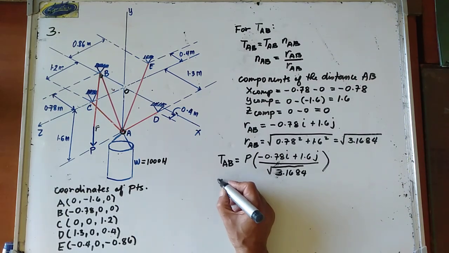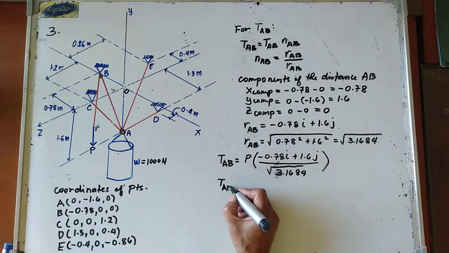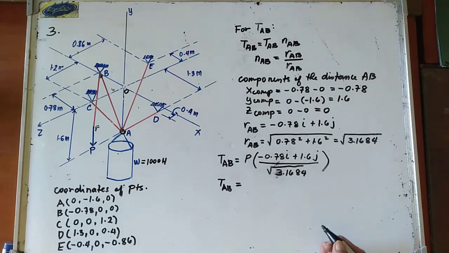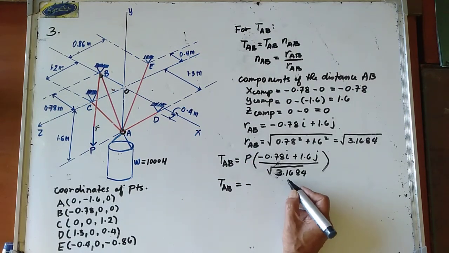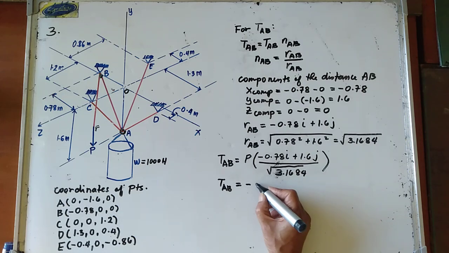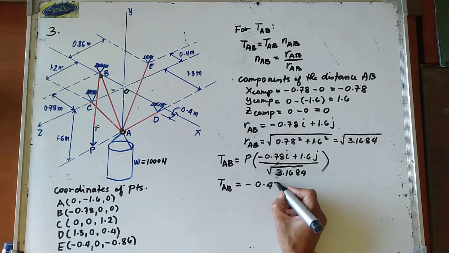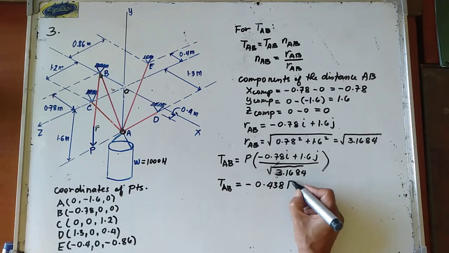So we have now your TAB in Cartesian form is now equal to 0.78 over the square root of 3.1684. So that is equal to 0.438P.